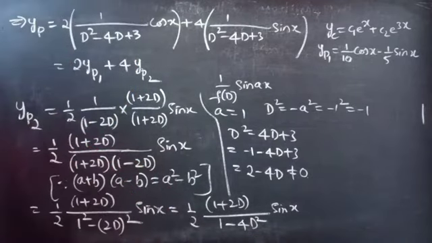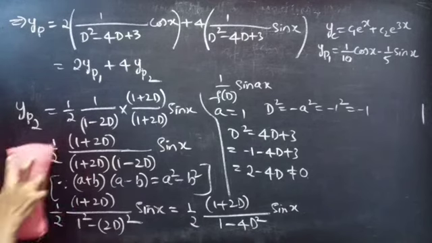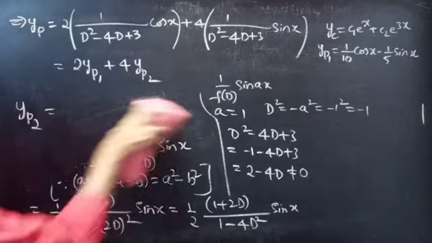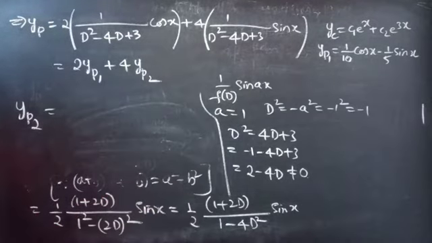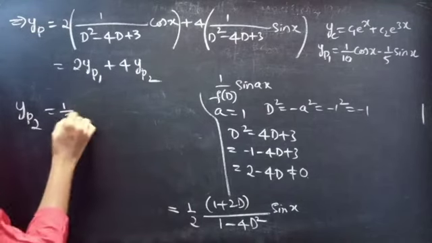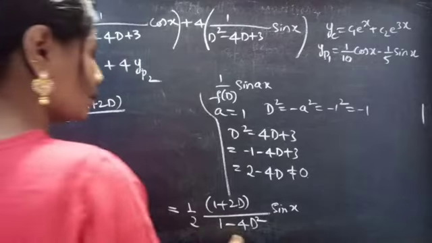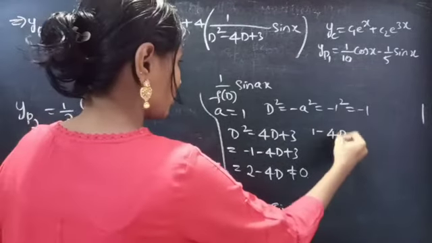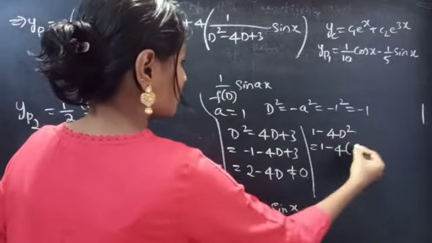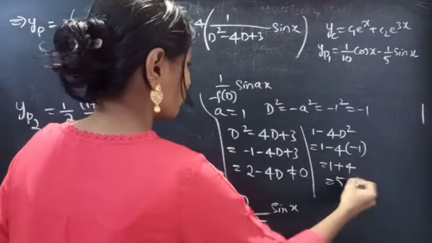So what we have to do is check by replacing D square by minus 1. Now this becomes 1 by 2 into (1 plus 2D) by, let's take the denominator part and see what happens if we replace D square by minus 1. We'll get 1 minus (minus) plus 4, which is equal to 5, non-zero.